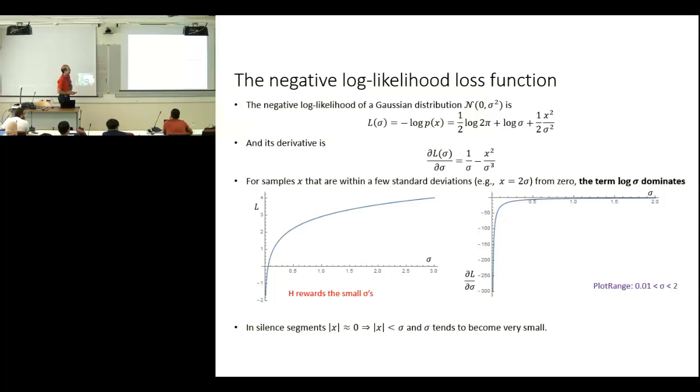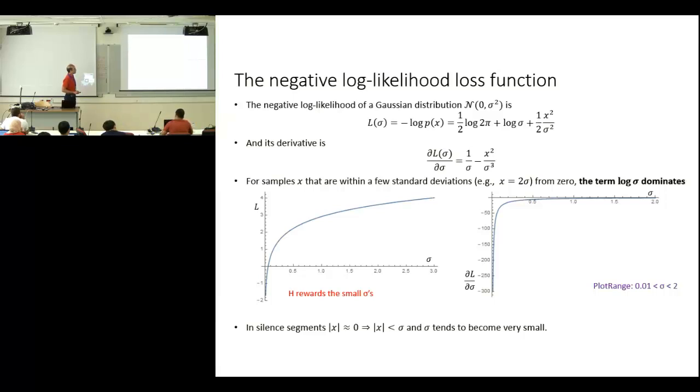The mean value is not very important for our analysis, so I will concentrate on variance. So the log likelihood has this form. It has two terms, this term and this term. If we take the derivative, which is actually the value which is back propagated to change the values of the network, it has this form. And I plotted this one.